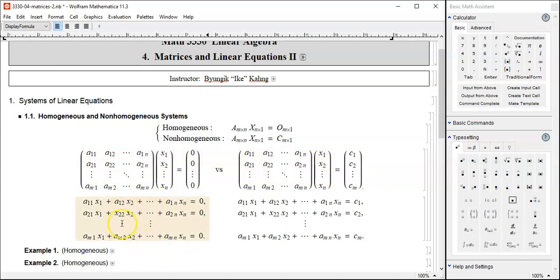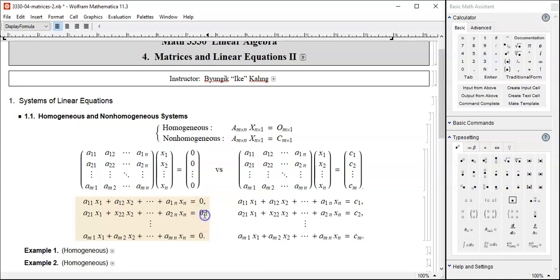And this expression down here and that expression up there are the same. If you take the matrix multiplication, that is this row vector, scalar product, this column vector, put them together, and that's precisely the same as the left-hand side of this equation. Right-hand side is 0, so we have the first equation as the first row.